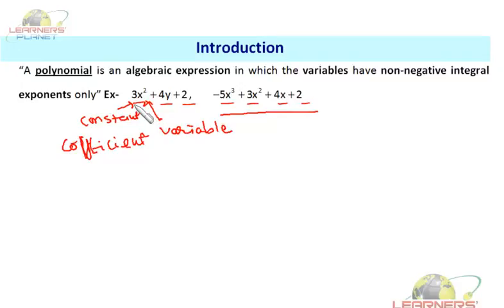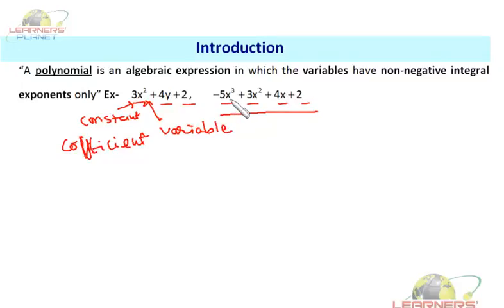The coefficient is whatever is being multiplied to that particular variable. So here 3 is multiplied to x square, that means 3 is the coefficient of x square. Similarly, the coefficient of y is 4 and 2 is the constant term.